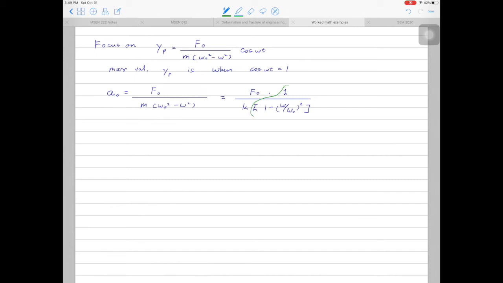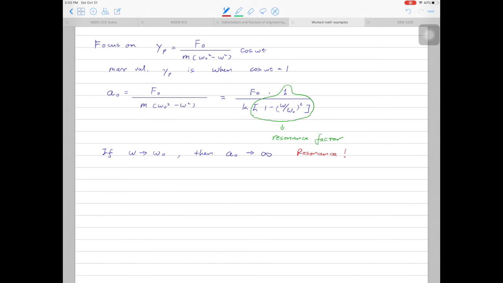The part enclosed in this green shape has a special name called the resonance factor. From this expression, you know if omega is equal to omega naught, then A naught will go to infinity. This is when the resonance happens.